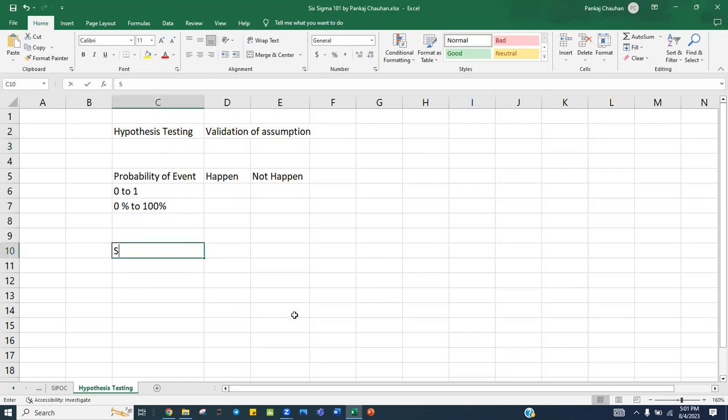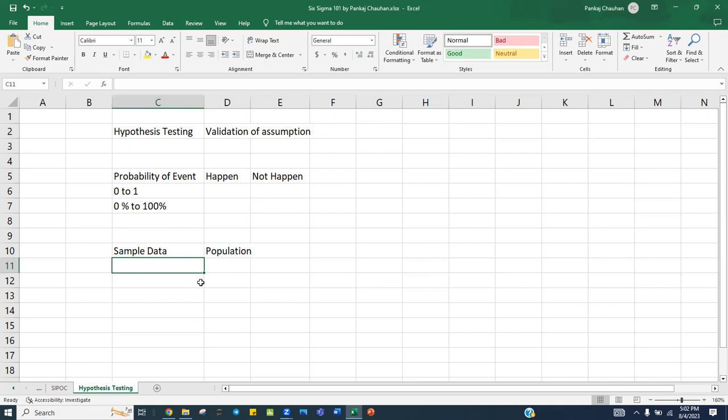You collect your sample data, analyze it, understand the statistical distribution of that sample data, and based on that, your probabilistic statement will talk about the population, which means if my sample is like this, will my population be like this or not? So that is what hypothesis is.